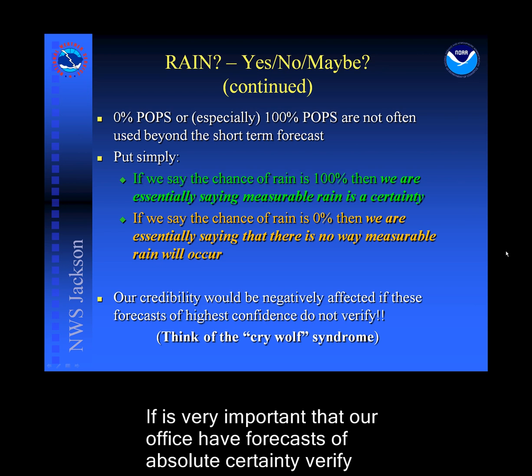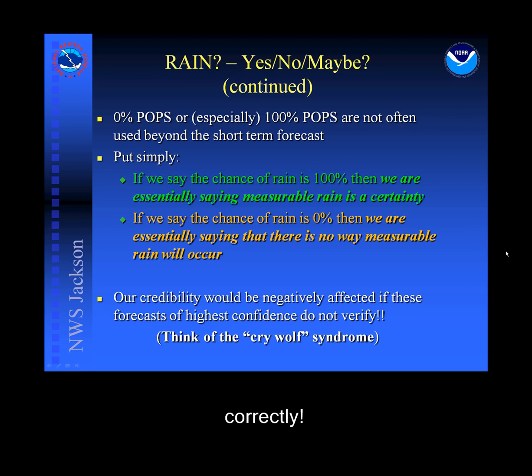This is the case because 0% POPs, or especially 100% POPs, are not often used beyond the short-term forecast, and even in the short-term forecast are still not used a great deal. Put simply, if we say for a given point and for a given 12-hour period the chance of rain is 100%, then we are essentially saying measurable rain is a certainty.